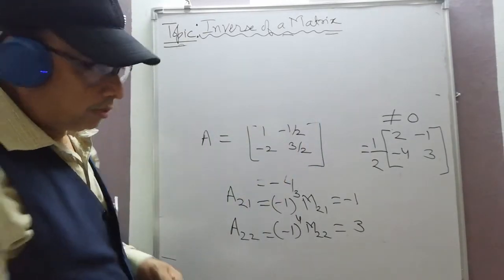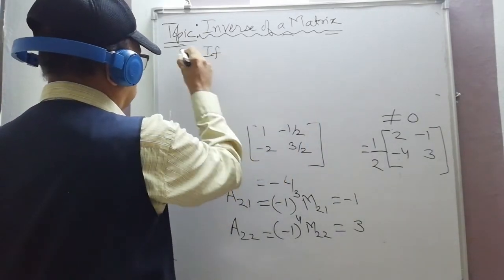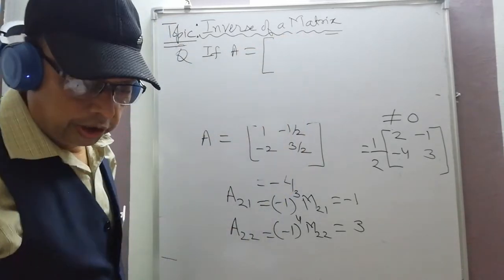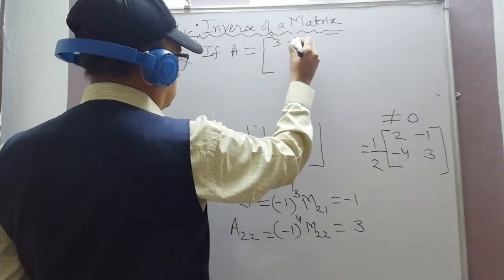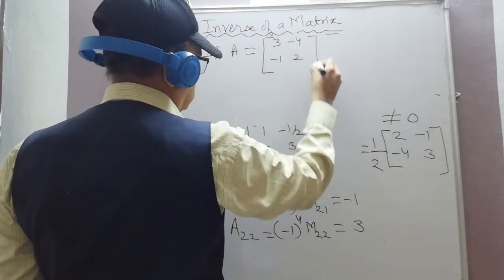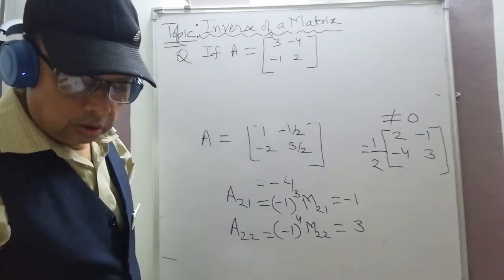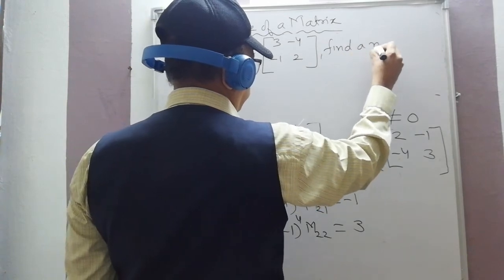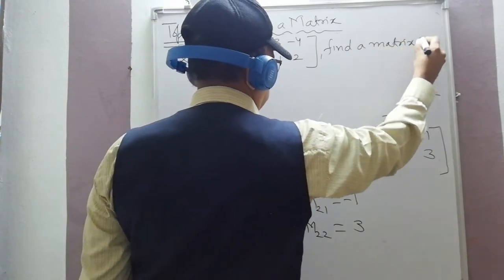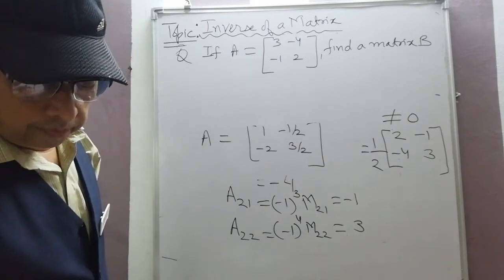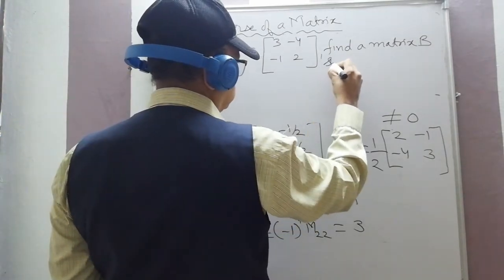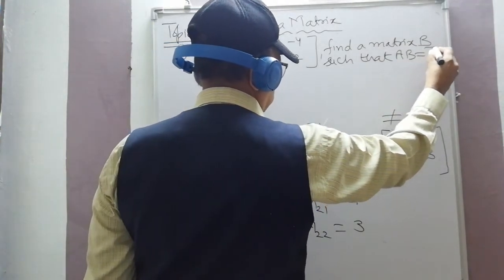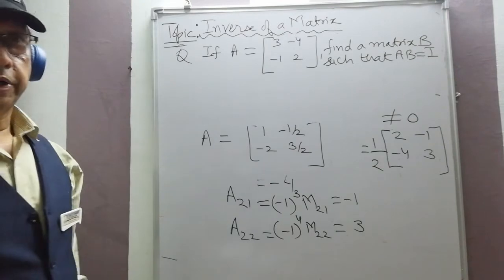If A is equal to the 2 by 2 matrix 3, minus 4, minus 1, 2, find a matrix B such that AB is equal to I, that is the identity matrix.